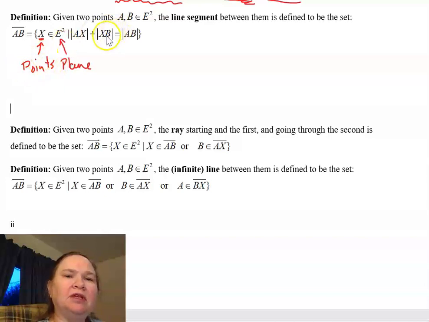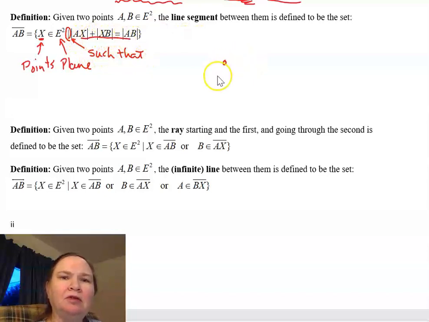So this is the set of points such that, so this first line is part of the set builder notation, such that I want all of the points that have this property. So what's that property?